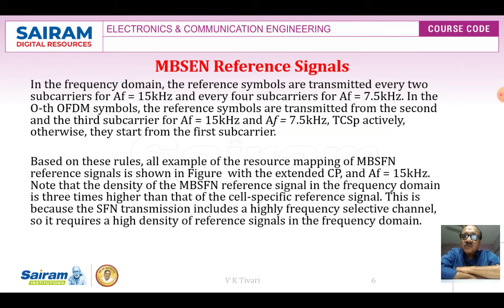Based upon these rules, examples of resource mapping of MBSFN reference signals are shown in the figure with the extended CP and Δf equal to 15 kHz. Note the density of the MBSFN reference signals in the frequency domain is 3 times higher than the cell-specific reference signal. This is because MBSFN transmission includes a highly frequency selective channel, so it requires a high density of reference signals in the frequency domain.